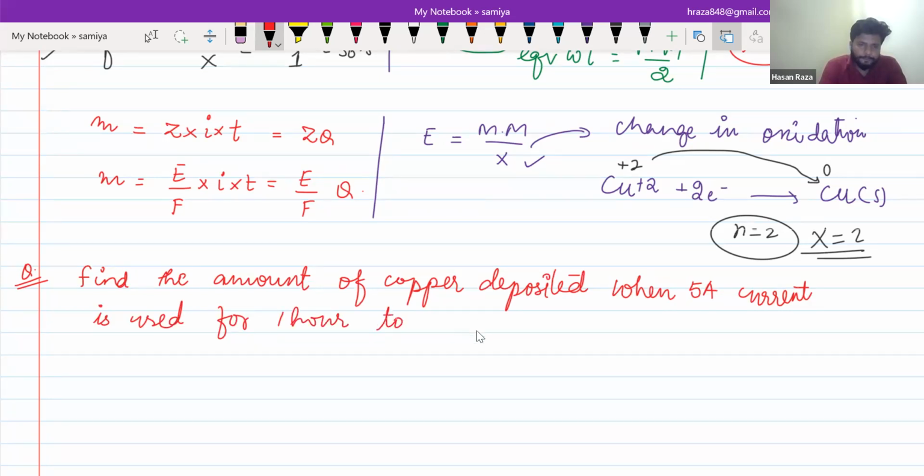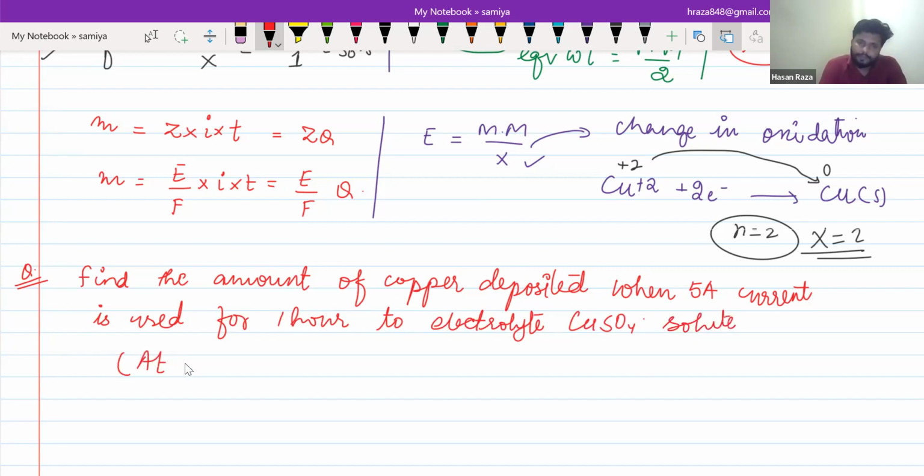The electrolyte is CuSO4, with CuSO4 as the solute.